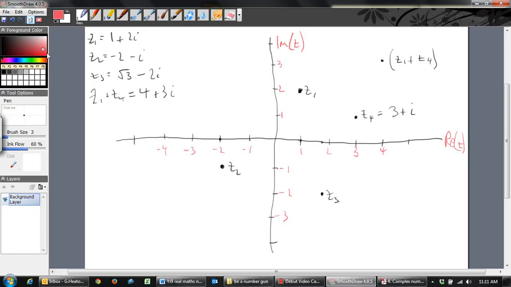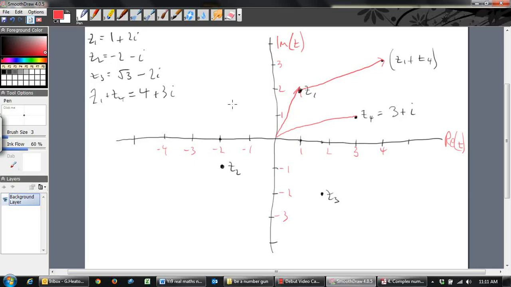And what it essentially is when you add together two complex numbers, all you're doing is adding, a bit like vectors. We're adding that Z1, and here is our Z4 here. If we add those two together, then we're adding that onto that there, and essentially the answer that we get is like adding two vectors together.